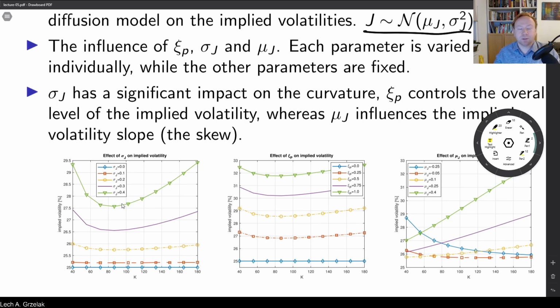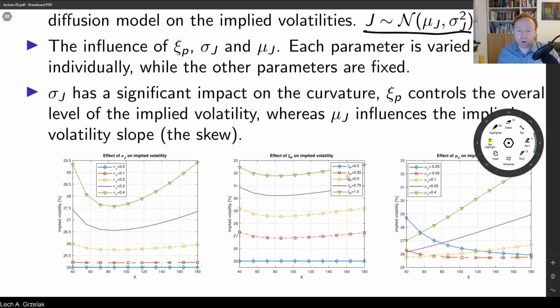But this is what we expect. If the magnitude of jumps is large, this means volatility is much higher, so we would expect the smile or implied volatility shape to move upwards. Once sigma J goes to 0, as we have also seen in our simulation, the model converges to the Black-Scholes equation because the magnitude of jumps goes to 0.